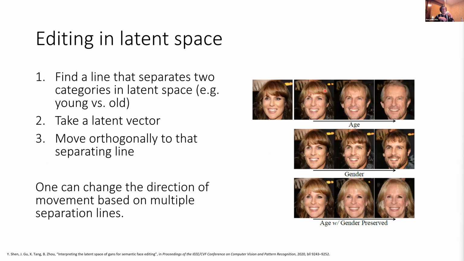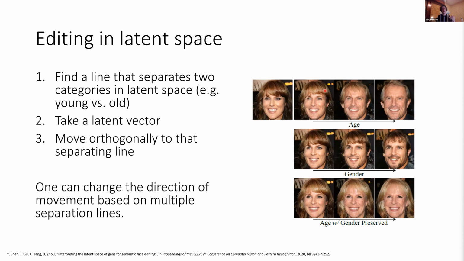And what this brings us to is a more applicative part of this presentation, and that is first of all editing in latent space, which I think is extremely cool, and I know it opens up a lot of possibilities, not just for generation but also for image manipulation. One very famous approach is to edit images across some attribute, for example, age or gender.